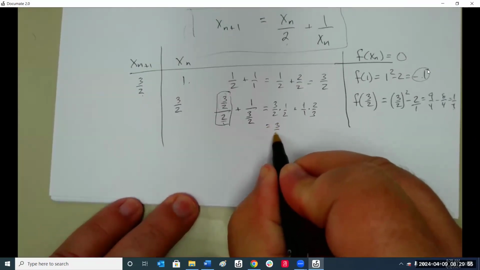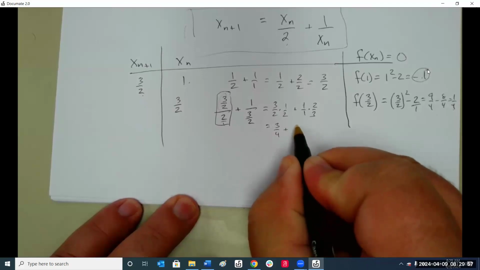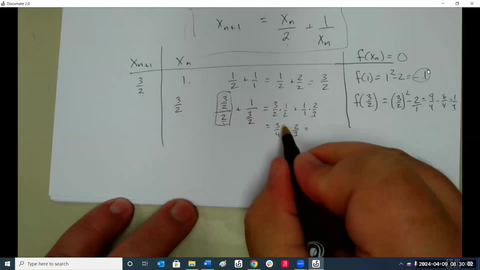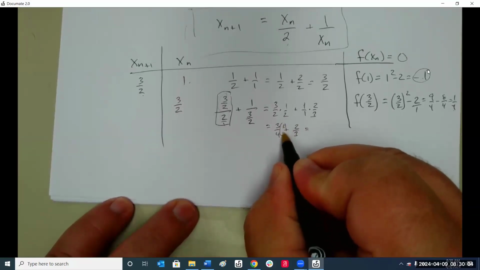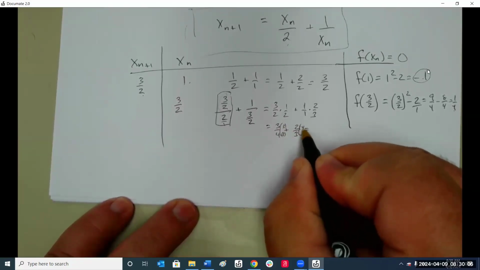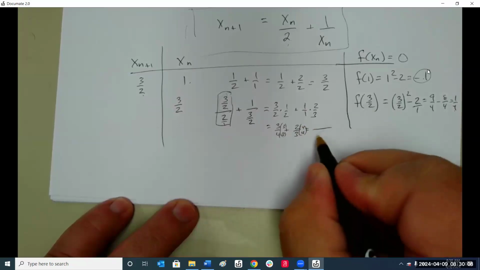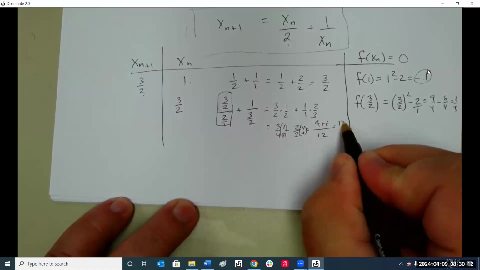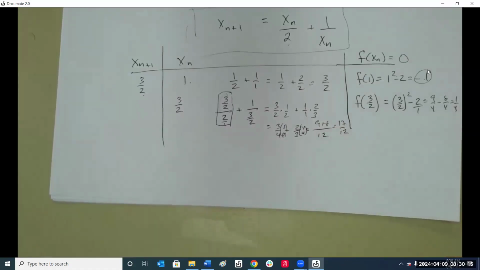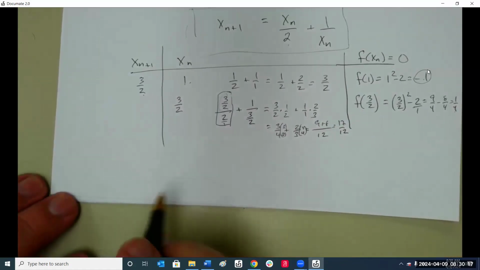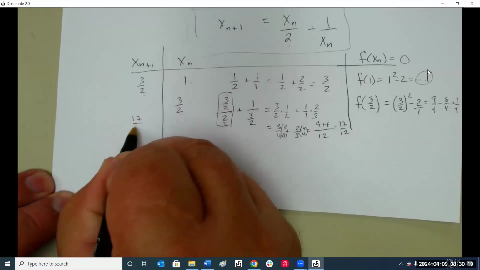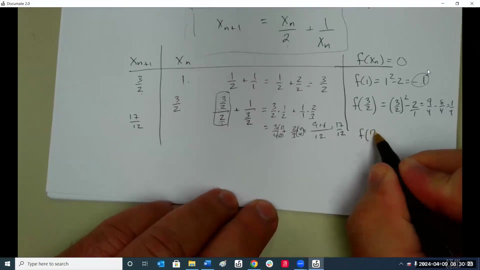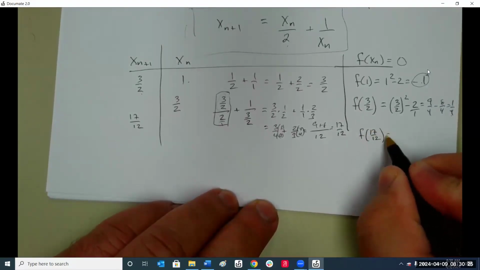So we have 3/4 plus 2/3. Get a common denominator, which is going to be 12. So we have 9 plus 8, which is 17/12. So now we plug this in there, 17/12.